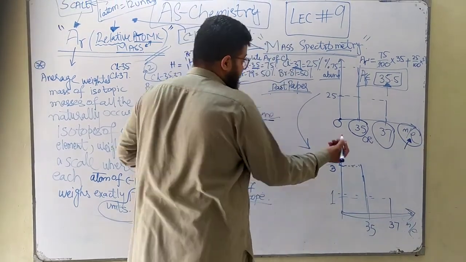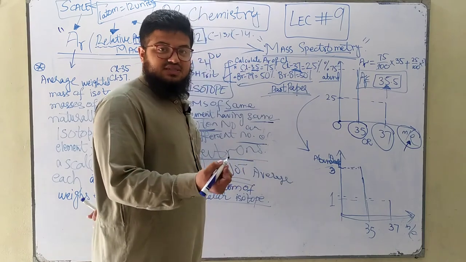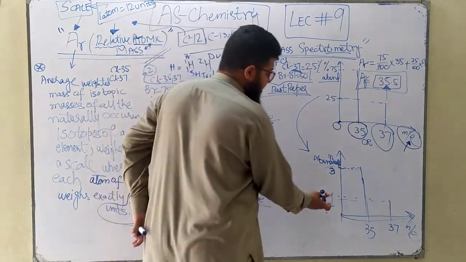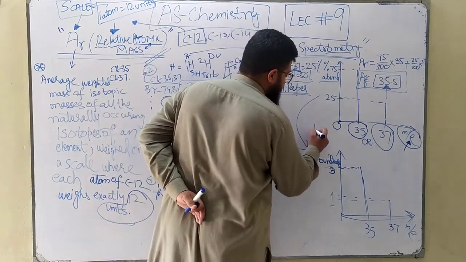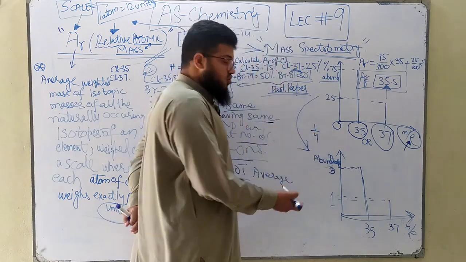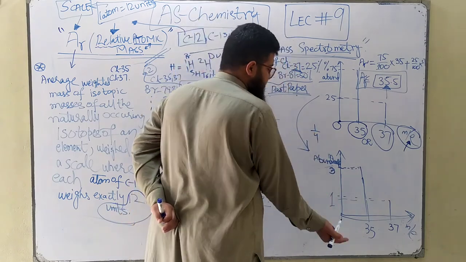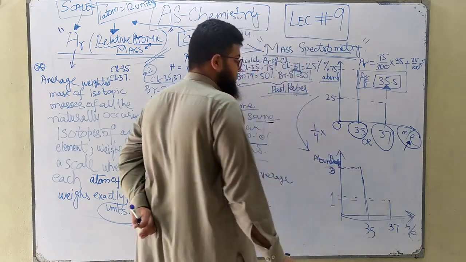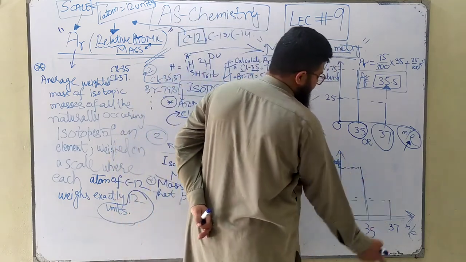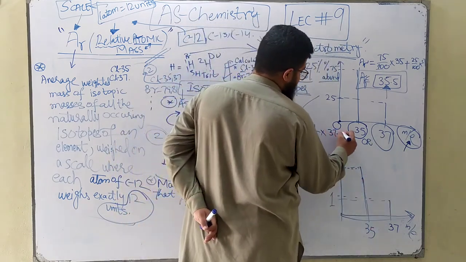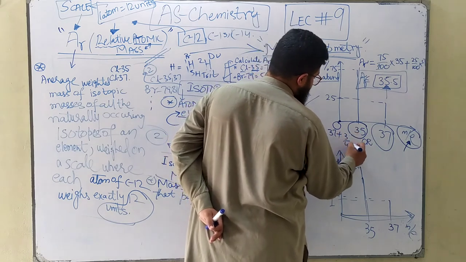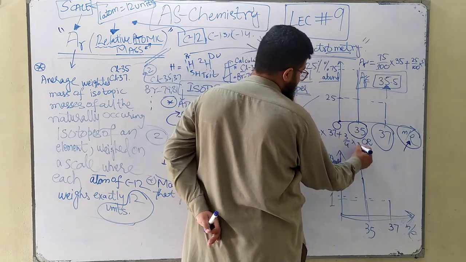How? You're going to just use the fractions. Over here, the fraction for 37 is going to be 1 out of 4. Why 1 out of 4? Because 3 plus 1 is 4, right? So 1 out of 4 multiplied by 37, and you add it to 3 out of 4 multiplied by 35.